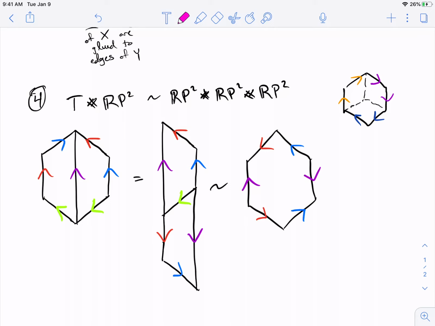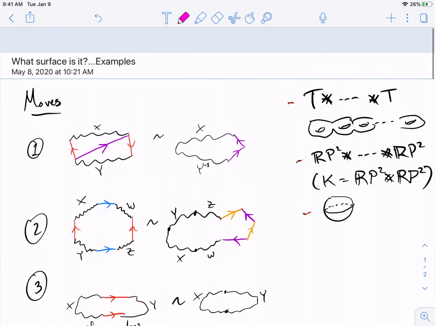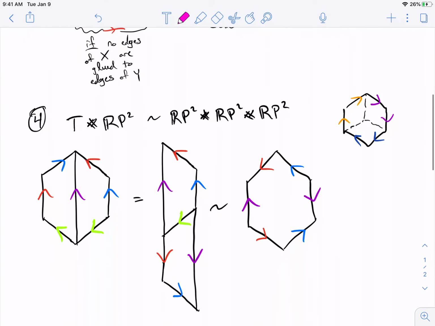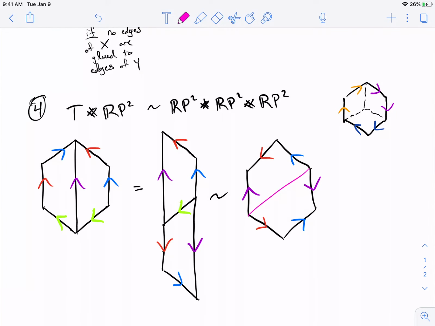And also by the symmetry of this picture, this cut and gluing the purples together is also not going to work. So in terms of these moves, I make a cut from the bottom of one of the edges to the top of the other, where those 2 edges are the ones that I'm going to glue together. I don't want to use the purple edges for that because that's going to take me back where I started.